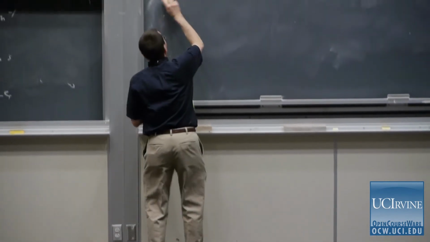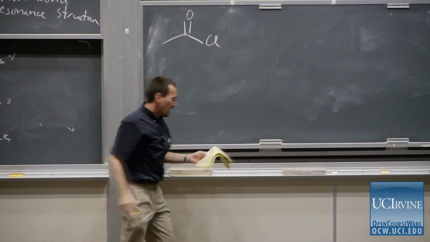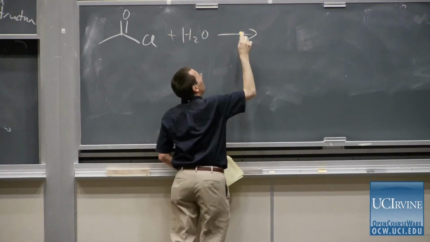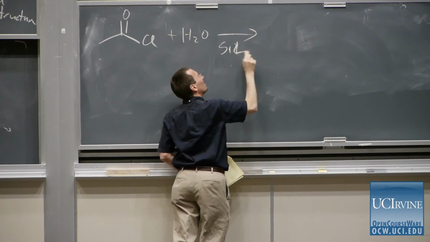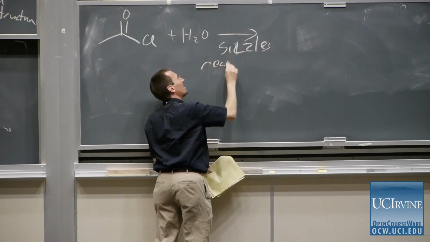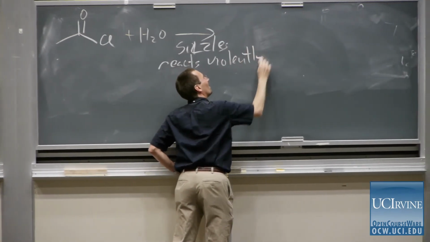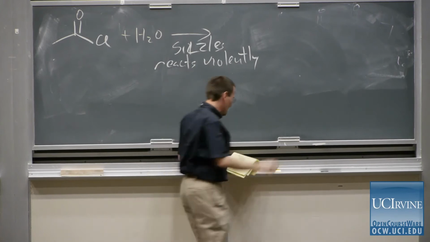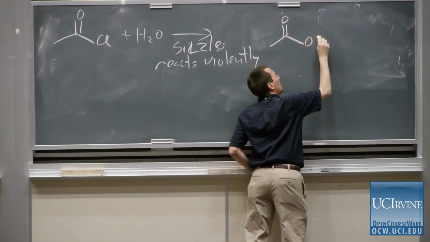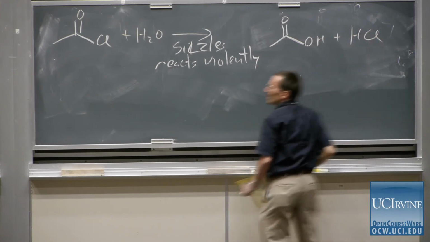So to put it bluntly, if I take acetyl chloride and I pour it into water, it sizzles, spatters, it reacts violently. And the reaction gives acetic acid and HCl.